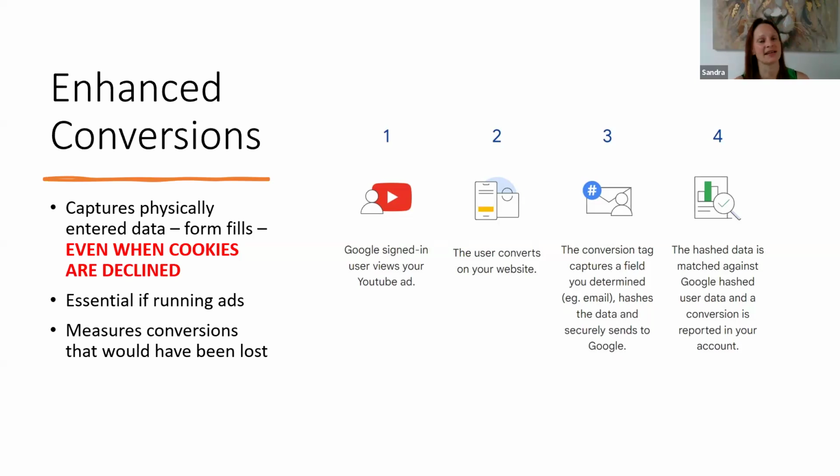Google then matches that data with the data that it has, and it can then track back and attribute the conversion to your ad. So it's a way of measuring conversions that otherwise would have been lost. So you can still continue to run ads and they'll actually be valuable data for you.